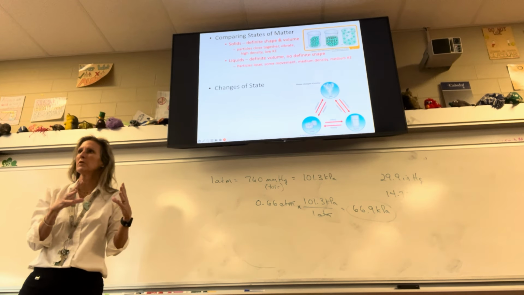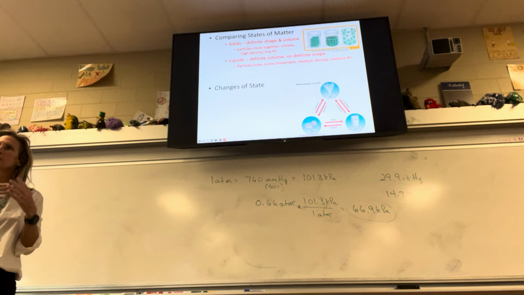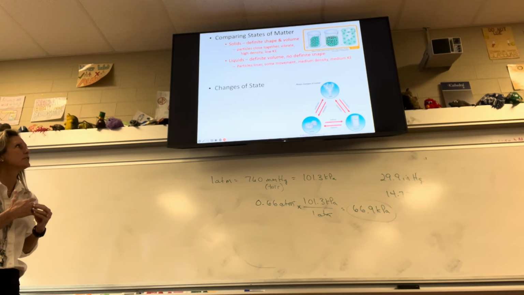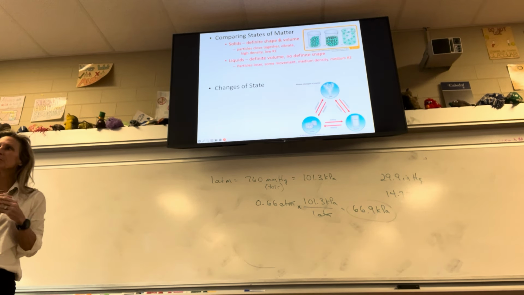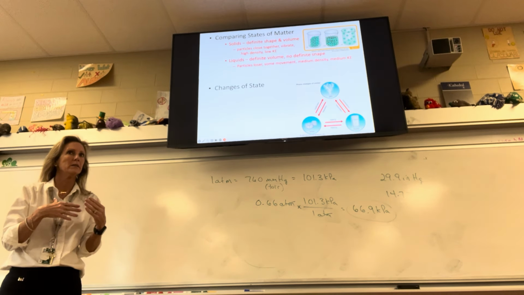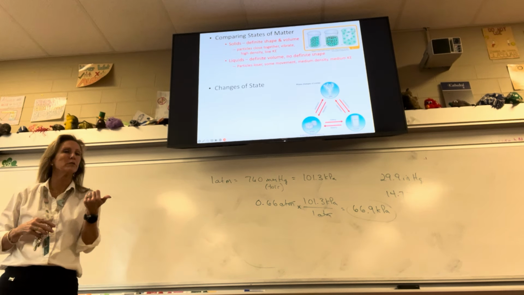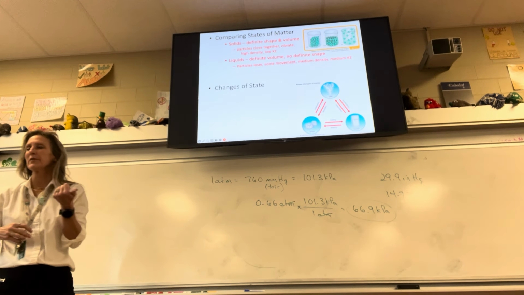They have a little more space between them, so they can move around more, so they're able to take on different shapes. And because they're spread out more and looser, they have more of a medium density compared to solids. But again, that's not true for water. Water is actually very unique.